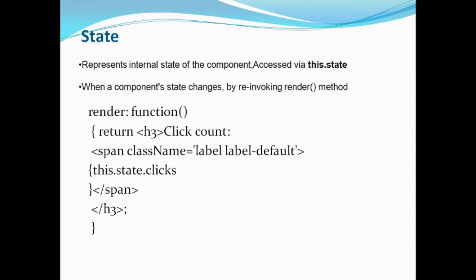State is a modifiable structure for every component. Whenever you want to design a component, every component can have some data. That data is called state. State is updatable, it is mutable. It can be modified by using the setState method, and we have other methods to work with the state.